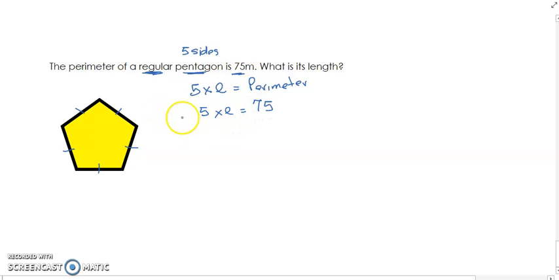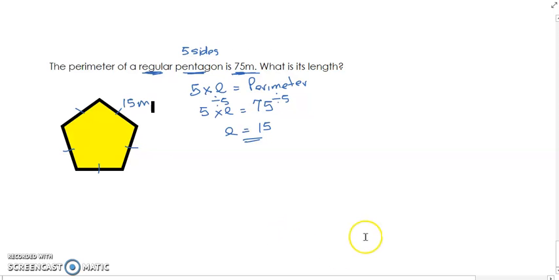So if we have 5 of them and we only want 1, that means we have to divide this by 5 and we have to divide this by 5. We're only left with the length, and 75 divided by 5 is going to give us 15. So we know that the length is 15, and we know the unit is meters. That will be 15 meters.